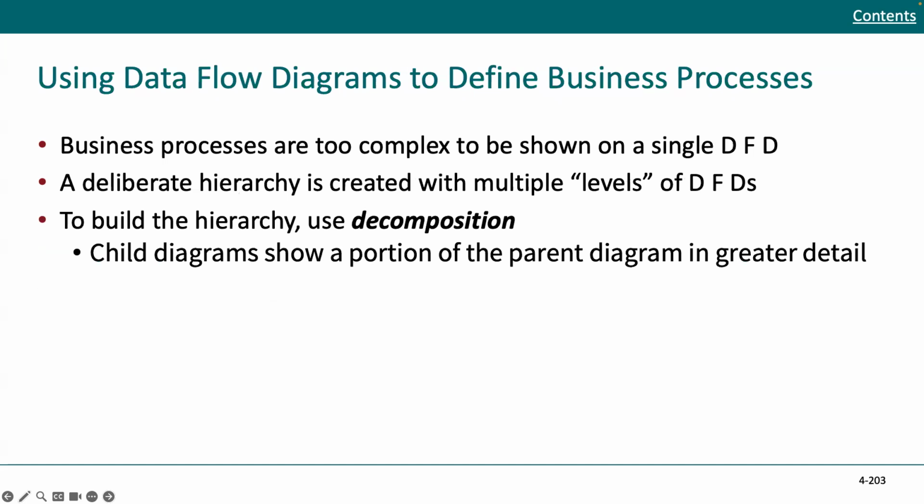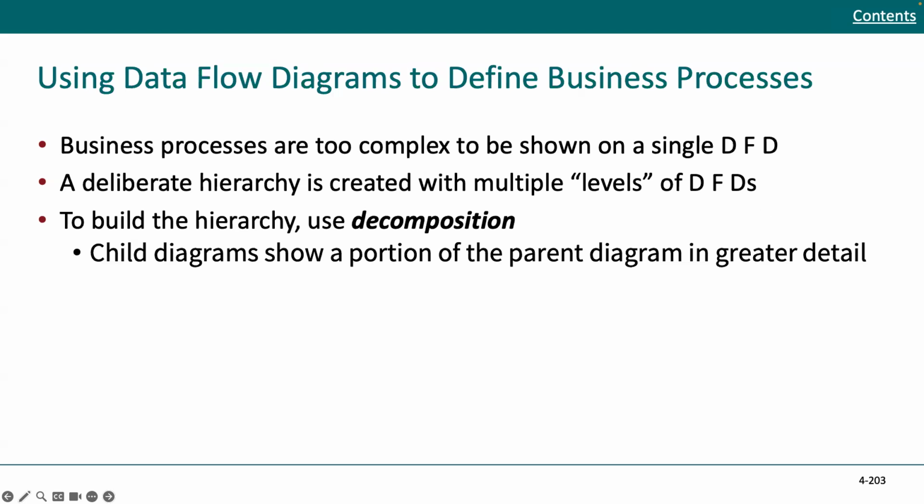So we can use data flow diagrams to define business processes. Business processes are too complex to be shown in a single data flow diagram. A deliberate hierarchy is created with multiple levels of data flow diagrams, or DFDs. To build the hierarchy, we use decomposition.